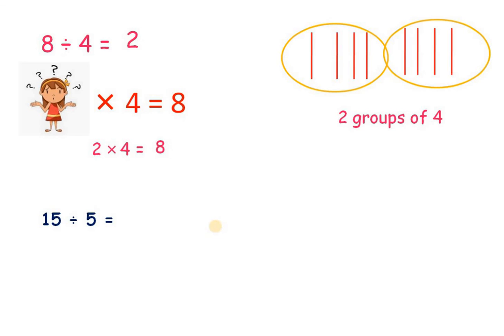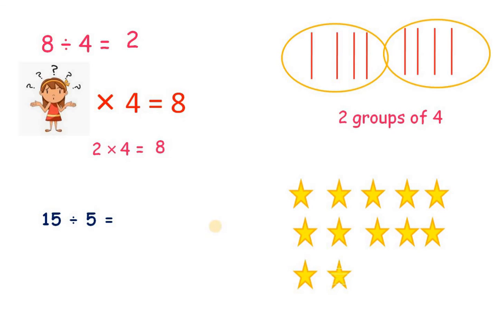15 divided by 5. Let's draw 15 objects. Now I want to draw 15 stars. 1, 2, 3, 4, 5, 6, 7, 8, 9, 10, 11, 12, 13, 14, 15. And I want to divide them in groups of 5. Remember, in groups of 5. So each group will have 5 objects inside it.